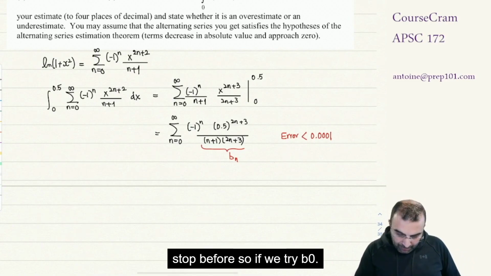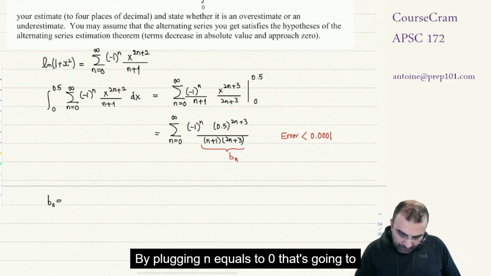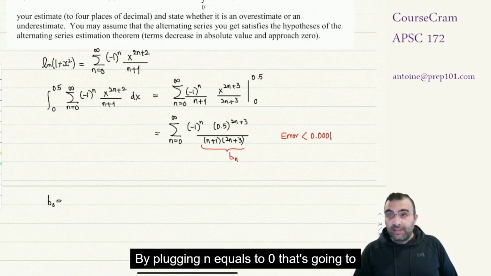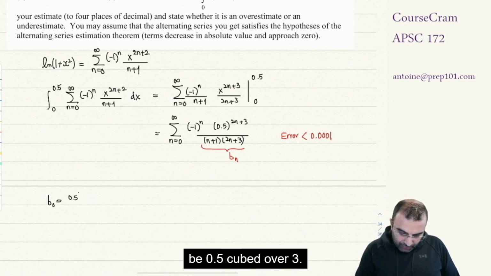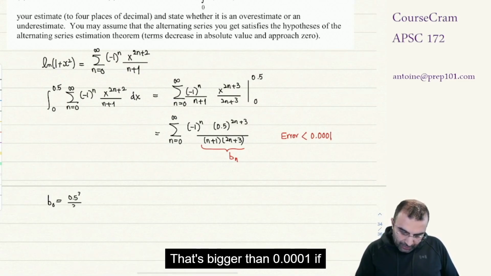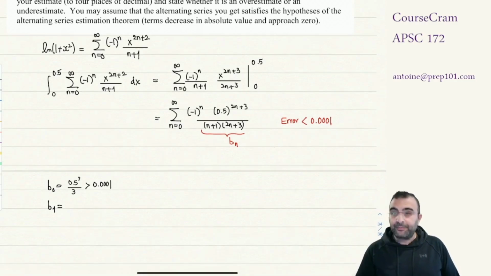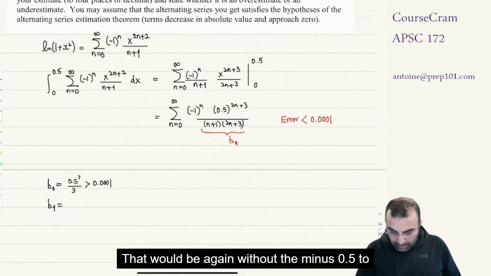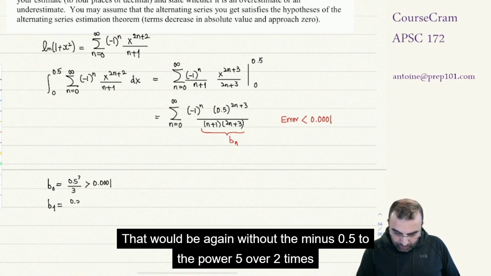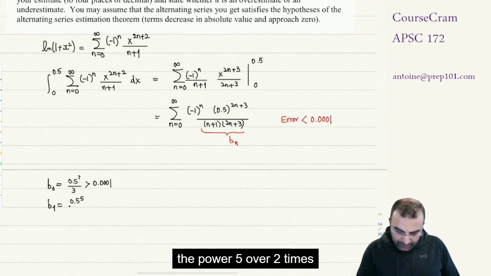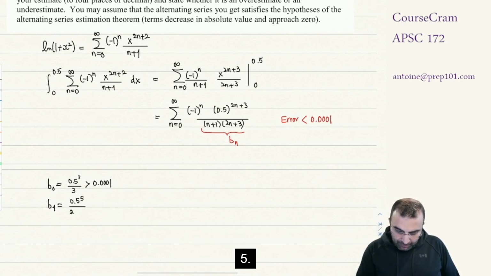So if we try b0 by plugging in n equals 0, that's going to be 0.5 cubed over 3. That's bigger than 0.0001. If we try b1, that would be, again without the minus, 0.5 to the power 5 over 2 times 5.